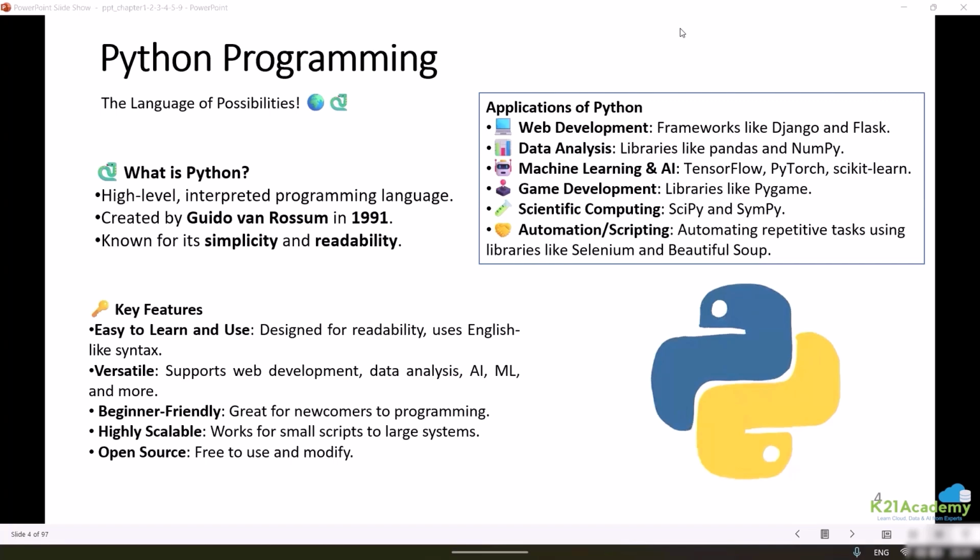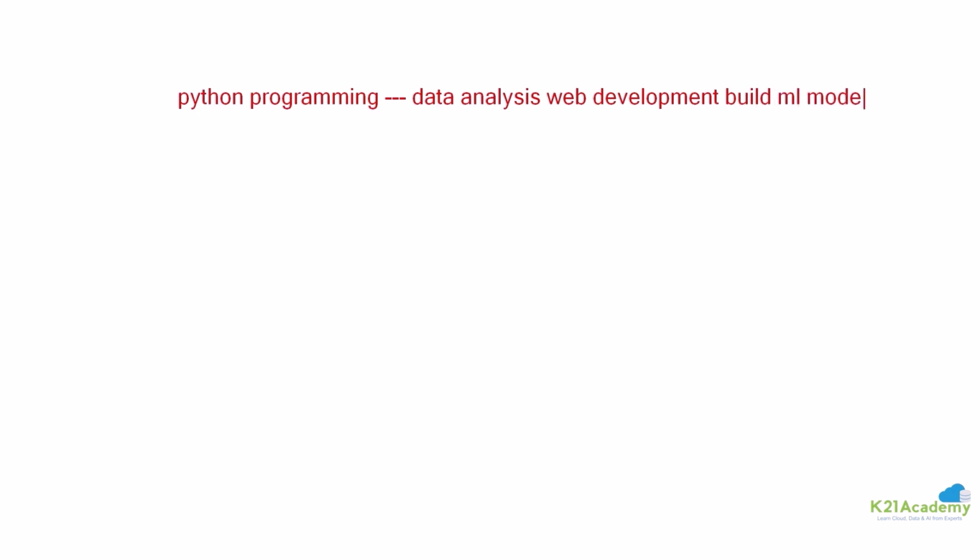Okay, so considering that we have a vast variety of audience, let me give a brief about programming languages. When you want to write a program which is going to do multiple tasks for you, we have a programming language. We can do data analysis, web development, we can build machine learning models, any task that you want to do.